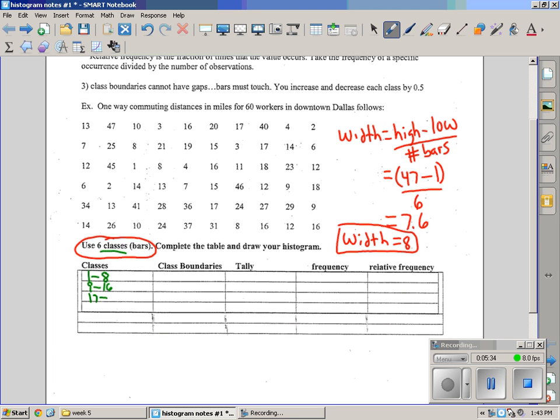You'll notice it's going up 8 if you actually look on the two sides as it goes. If you look on the left-hand side, from 1 to 9 is 8 units. 9 to 17 is 8 units. You add 8 to it. Same thing on the right side. 25 to 32. 33 to 40.